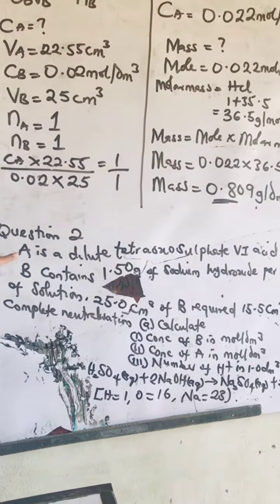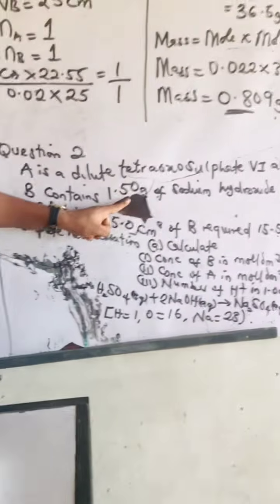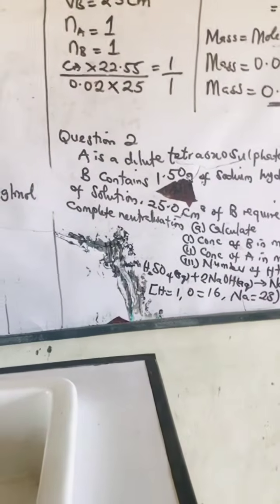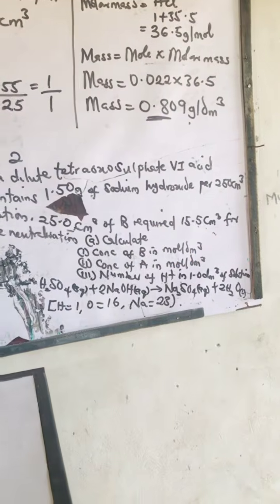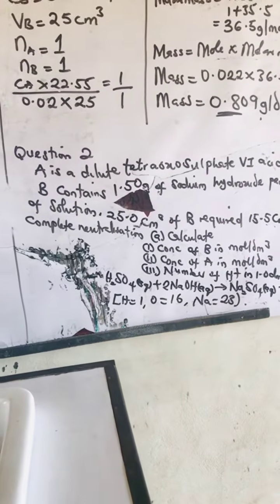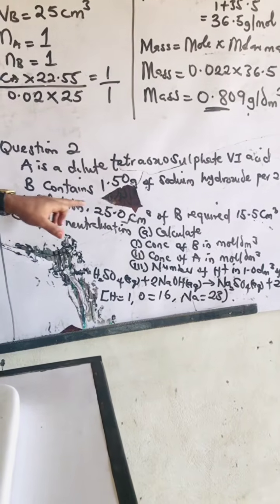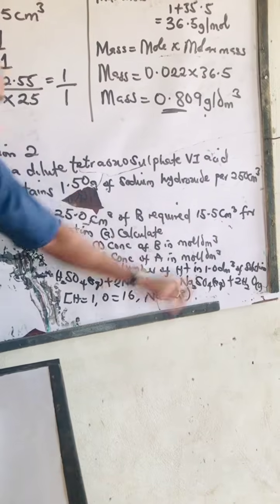Let's read the question again. A is a dilute tetraoxosulfate VI acid. B contains 1.50 gram of sodium hydroxide per 250 centimeter cube of solution. 25.0 centimeter cube of B required this. So the volume of acid needed to neutralize this volume of base is this. That's the volume of acid, which is our titre value.